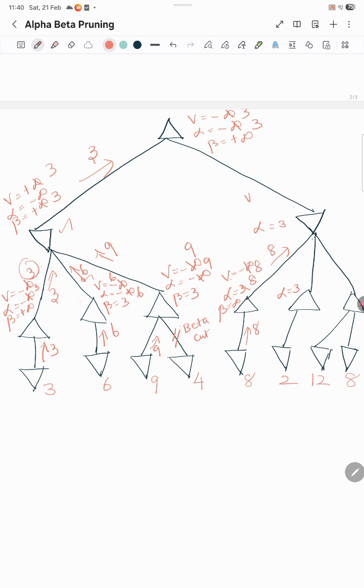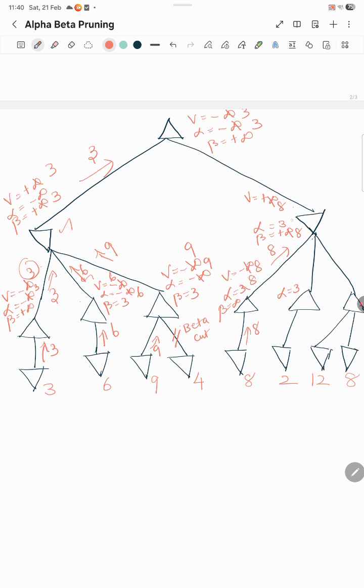What is for min node v? It is plus infinity, alpha is 3, and beta is plus infinity. Yes, so your 8 is lesser than this plus infinity. You are updating v and beta.